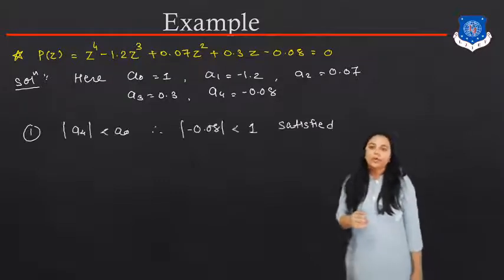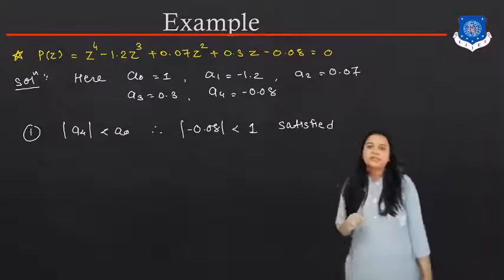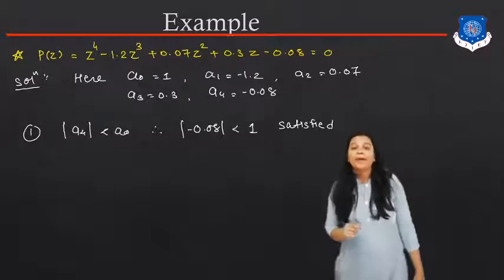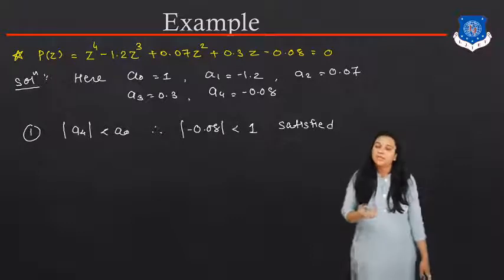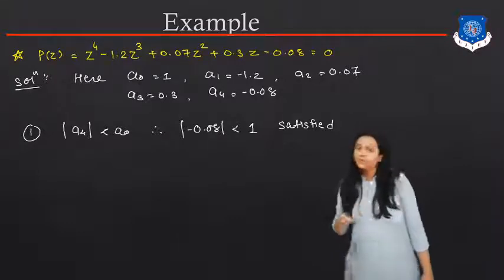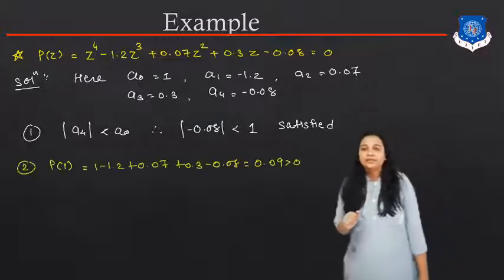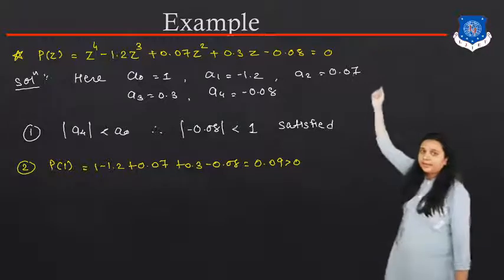Now our first condition is mod of A4 is less than A0. Here you can see that A4 is equal to minus 0.08. So mod of minus 0.08 is less than 1. So the first condition is satisfied. Now the next condition is put Z is equal to 1 in the characteristic equation.